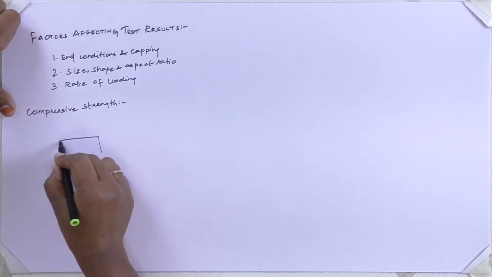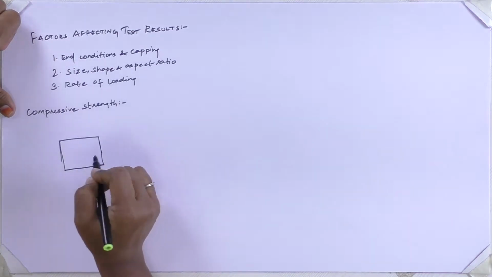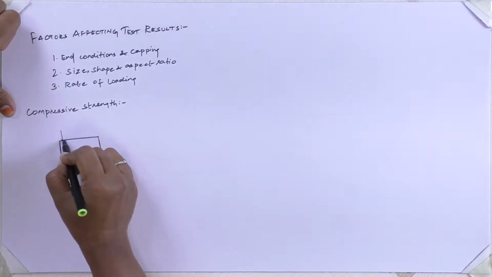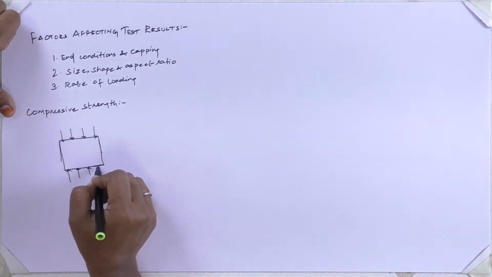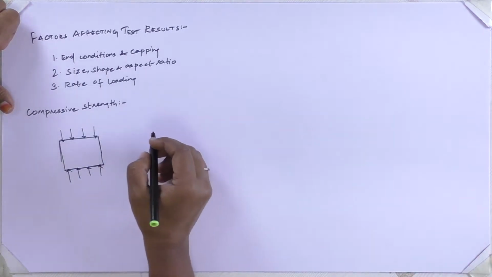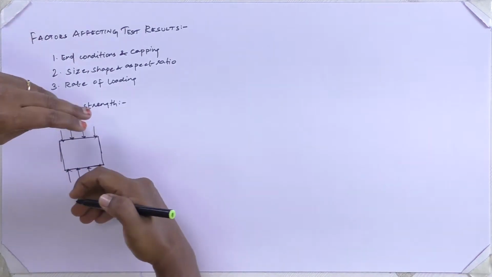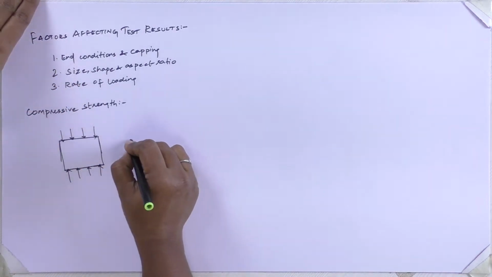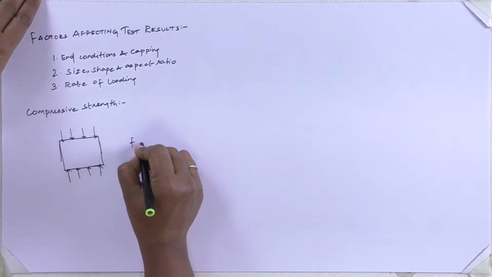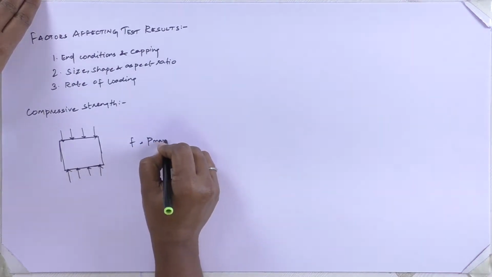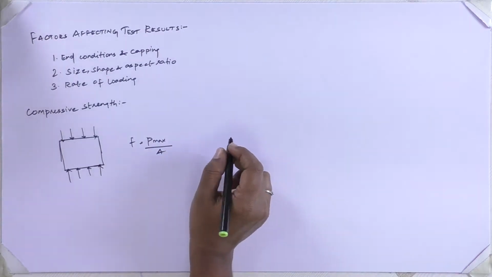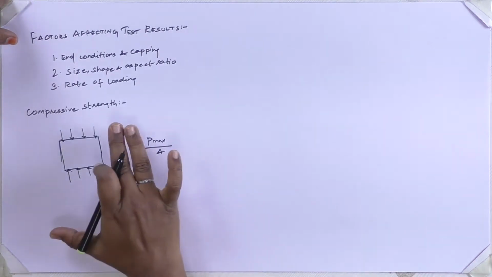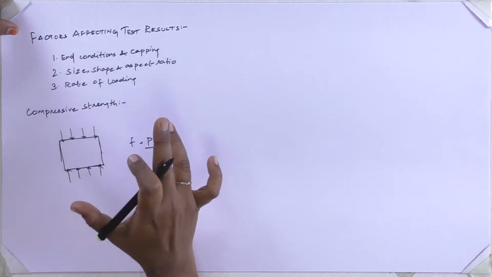Assume this to be the cube and we are applying load in this manner, and we are obtaining the results based on f equal to P max, that is the maximum load divided by the cross sectional area. Through this we will be determining the compressive strength of the cube.